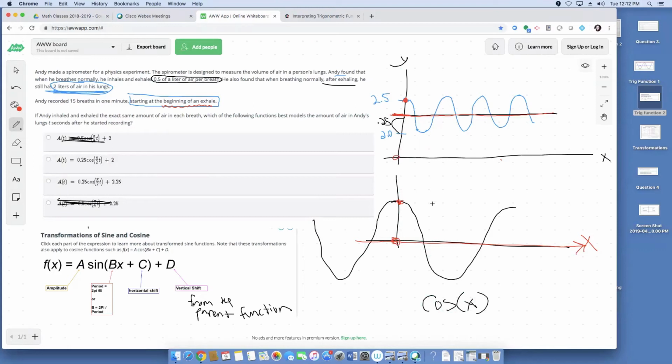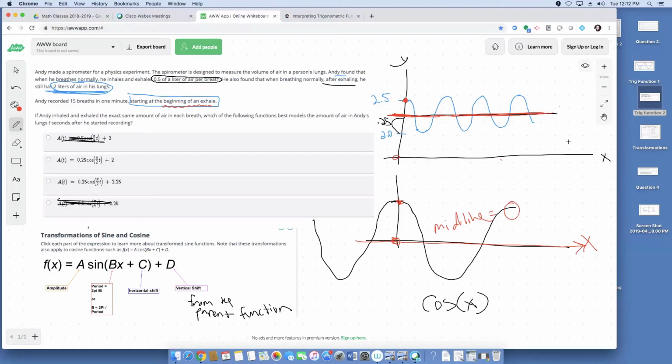Does that make sense? So our vertical shift is from the parent function. I like doing it from the midline. Our midline was 0, the x-axis, and now our midline is where? Yeah, exactly.